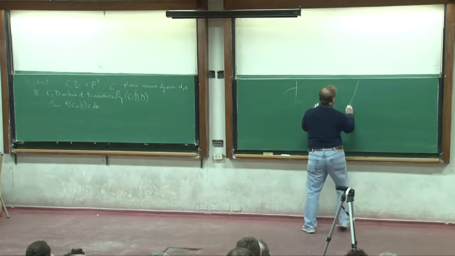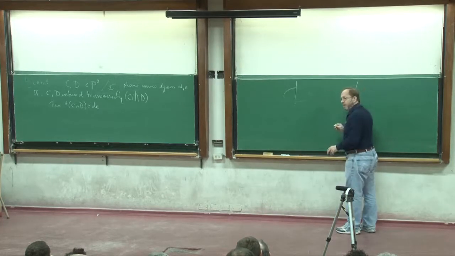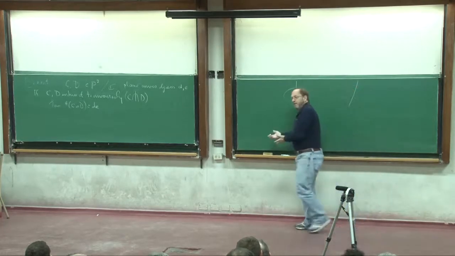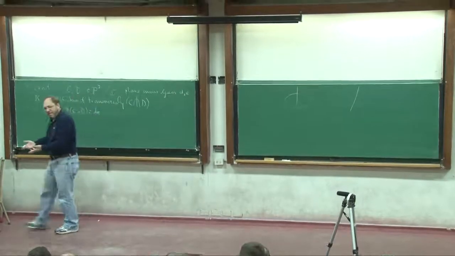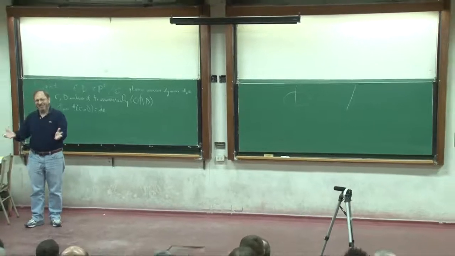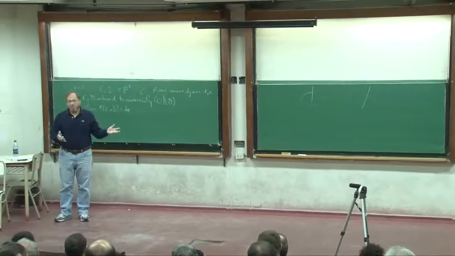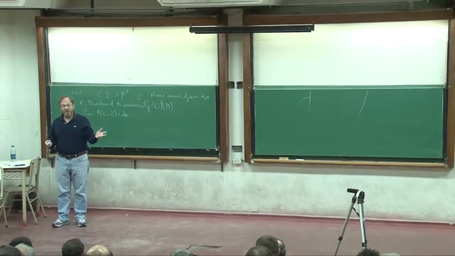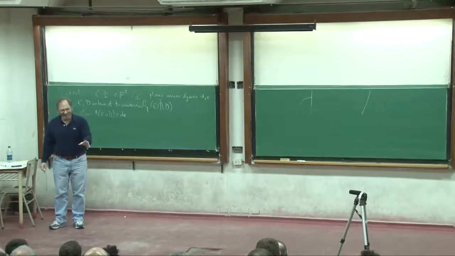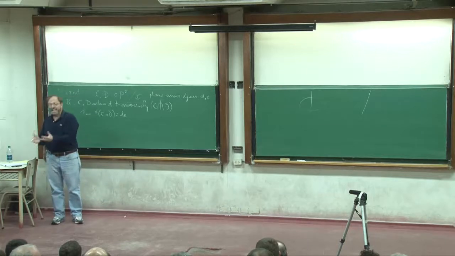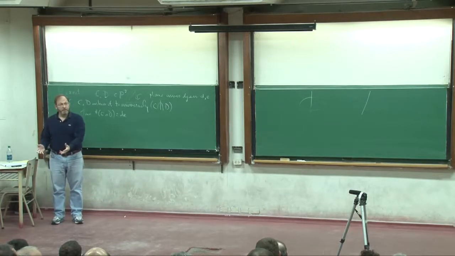It might be that the line is disjoint from the conic. Again, the discriminant of that quadratic polynomial could very well be negative. And Poncelet says, that's not good either. And let's fix that by working over the complex numbers rather than over the real numbers. They didn't have the notion of algebraically closed field in those days, but the complex numbers are right there, and that solves the problem.